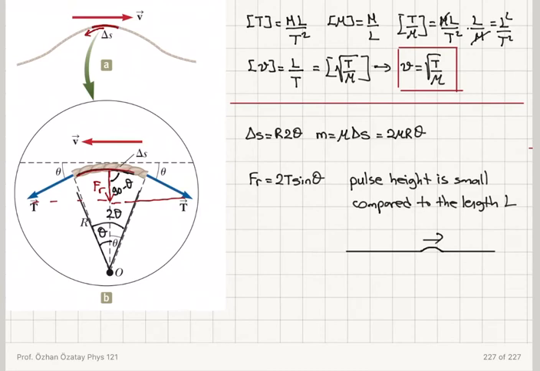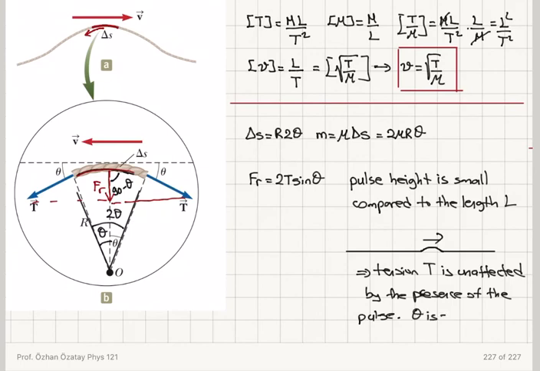So in that case, there is a small disturbance on this string. So the pulse height is small. That basically implies that the tension T is unaffected by the presence of the pulse, and the angle theta that I'm talking about for this string element is going to be small.